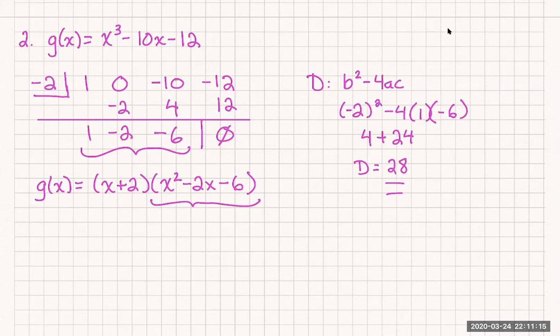So that means that x squared minus 2x minus 6 is an irreducible quadratic because it cannot be factored.